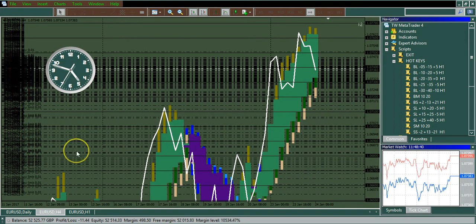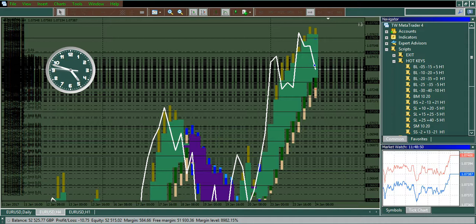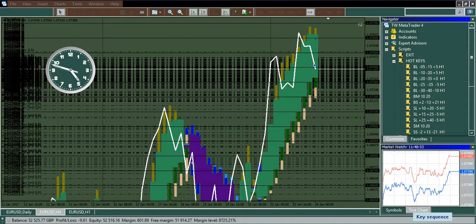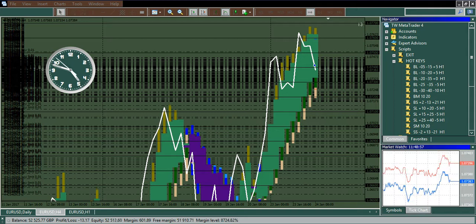Still waiting to get filled on enough to ride this north. Okay, that's not the best target, but okay, I'm going to put in bigger targets on that. All right, now we wait.